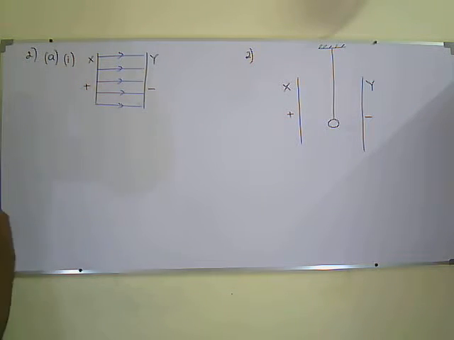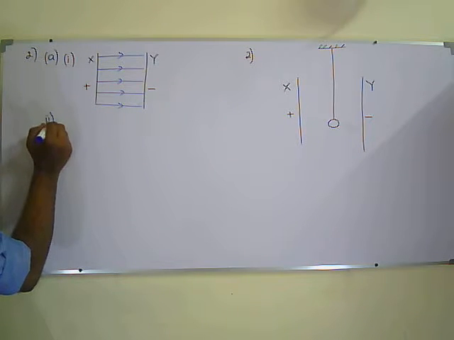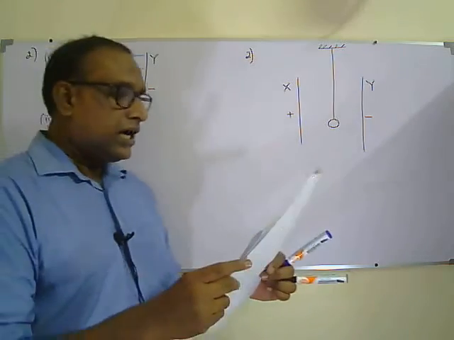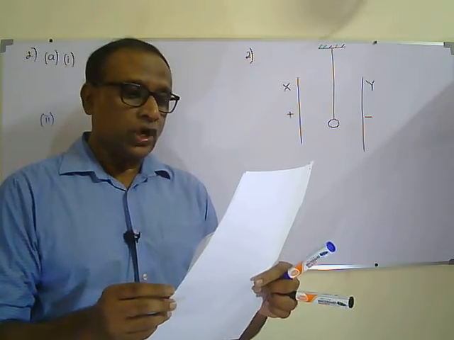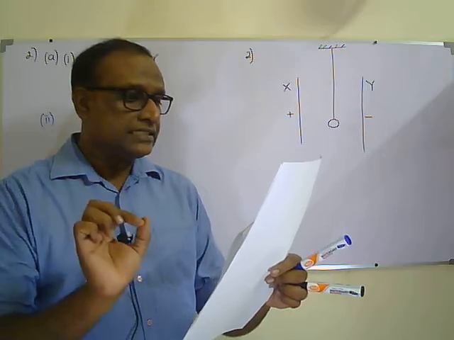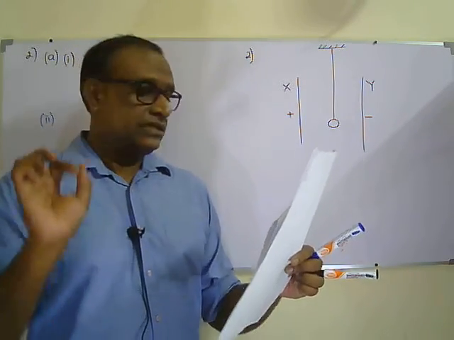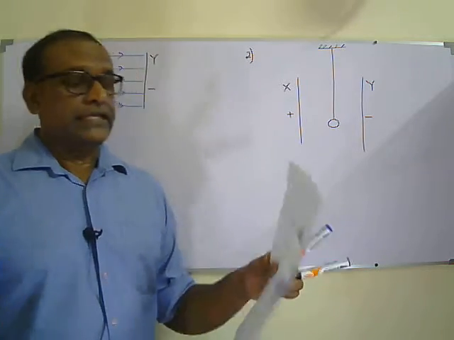Second question, A part, second part. They are saying, explain why the charged ball experiences a horizontal force of constant magnitude. You should explain why it is a constant magnitude while it is between the plates.